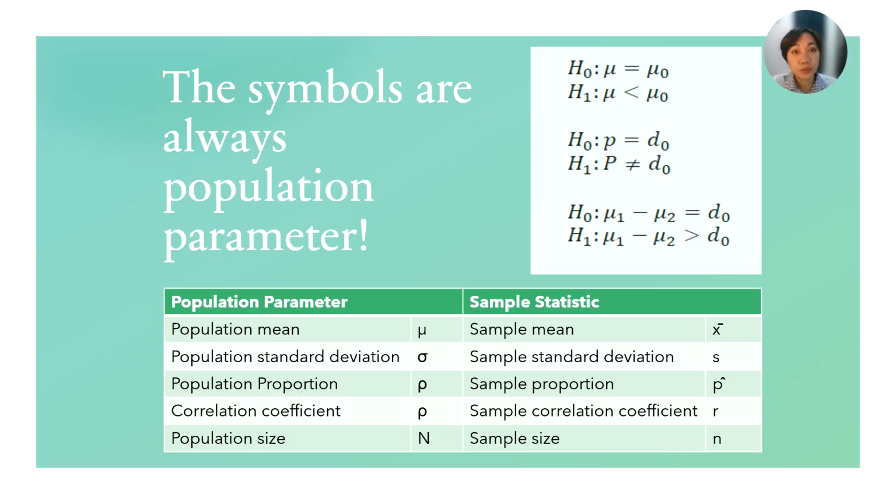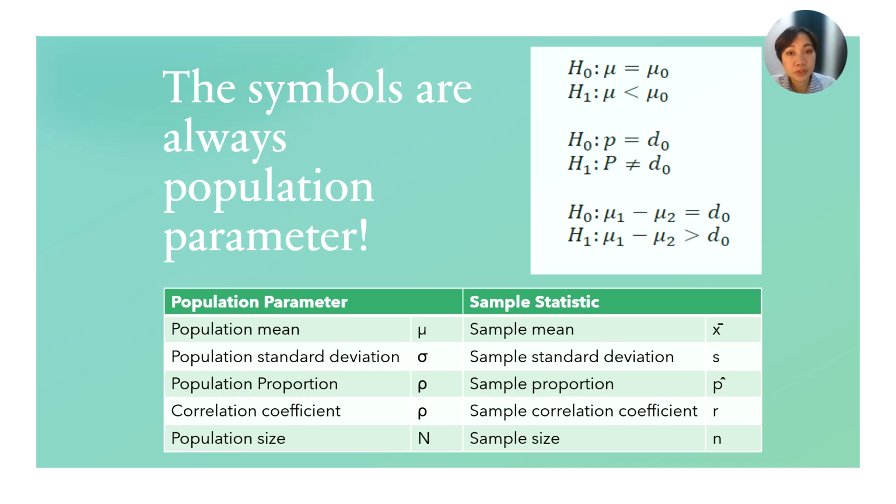Now remember, whenever you make a mathematical expression of the hypothesis, always use the population symbol. Why? Because these are the values that you are speculating. These are the values that you want to prove, and therefore are the symbols to be used in creating your hypothesis. We do not really have values for the population, right? Because they are only assumptions. Again, the focus of the subject statistics is that we only have the sample statistic, and it is uncertain that it is enough to conclude something out of that.